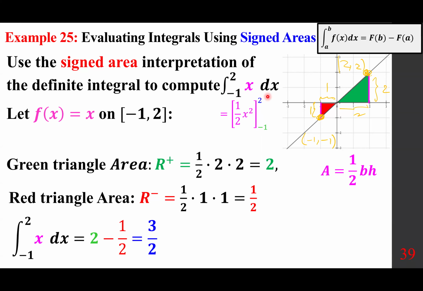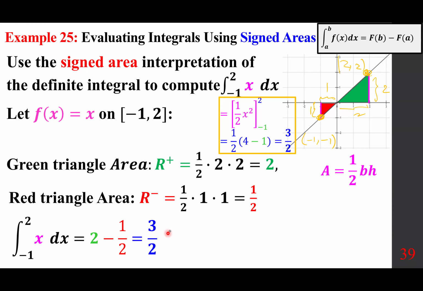And so 1/2, you plug in 2 squared, and you plug in -1, becomes 1. Again, this is the way you evaluate it. So 1/2, plug in 2, you get 2 squared, 4, minus, plug in -1, you get +1. So 4 minus 1 is 3, times 1/2 is 3/2, and that's exactly what we have here.